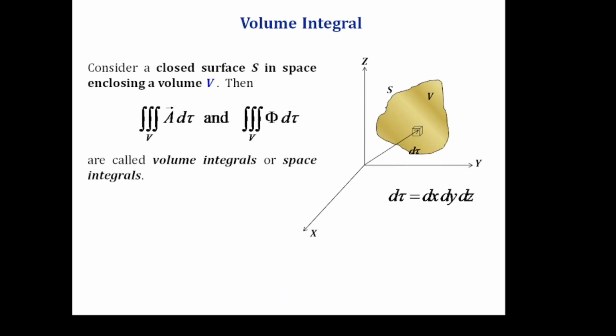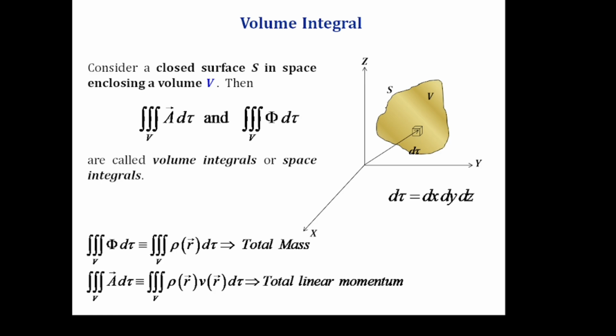Now the volume integration, what is this? Suppose this is a surface and here the enclosed volume is d tau. It is equal to dx dy dz, and the volume integration is the triple integration of A d tau.